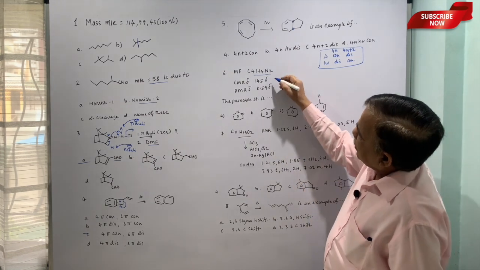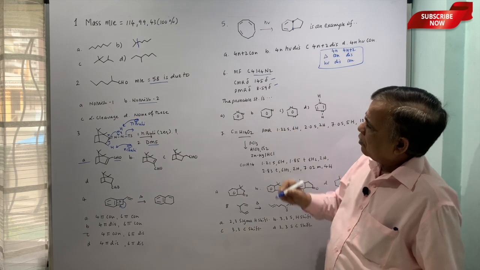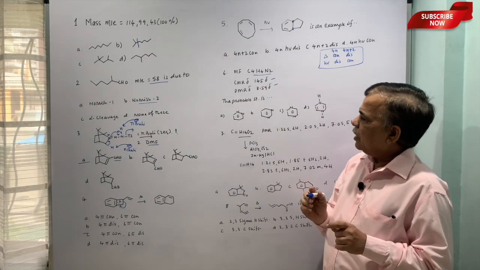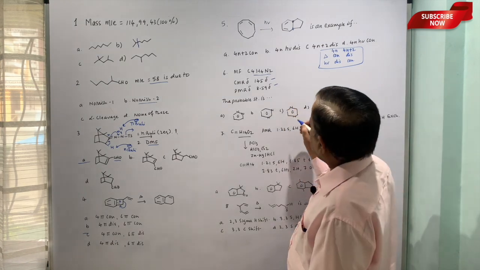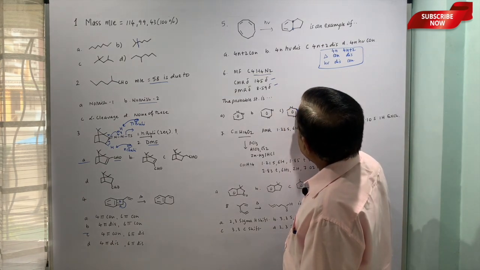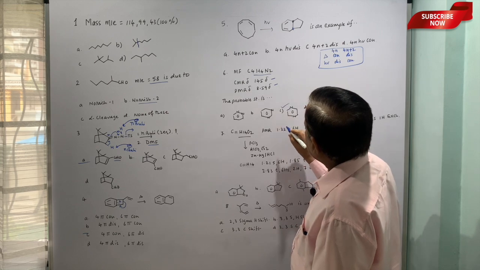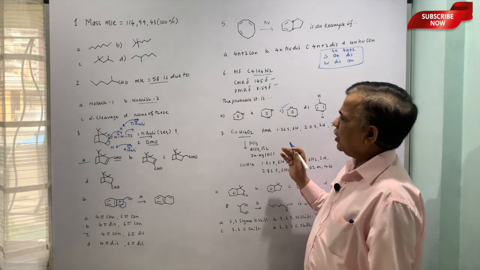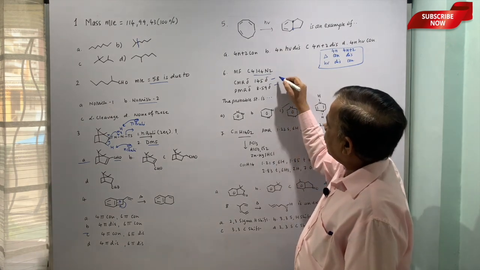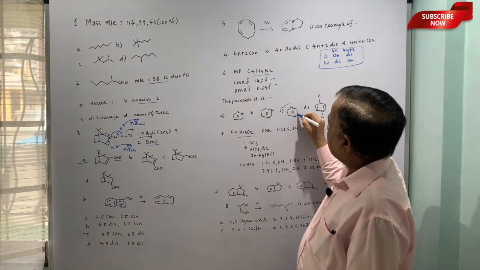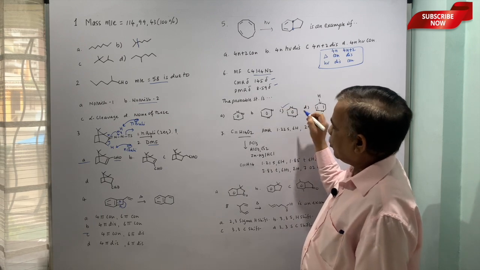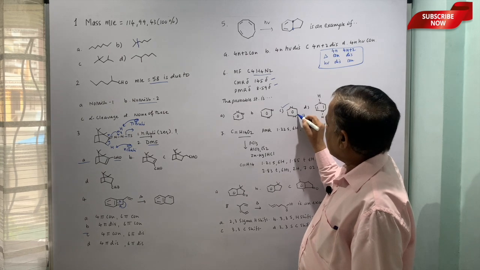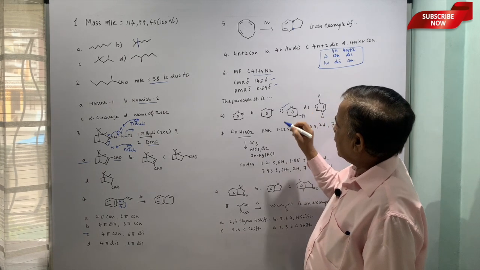Then only one peak means all protons as well as carbons are chemically equivalent, and the probable structure will be this one, because here all carbons are equivalent, even protons are chemically equivalent. So 145 is this carbon and 8.59 is the proton which is attached here. So this carbon as well as proton, so this is correct.